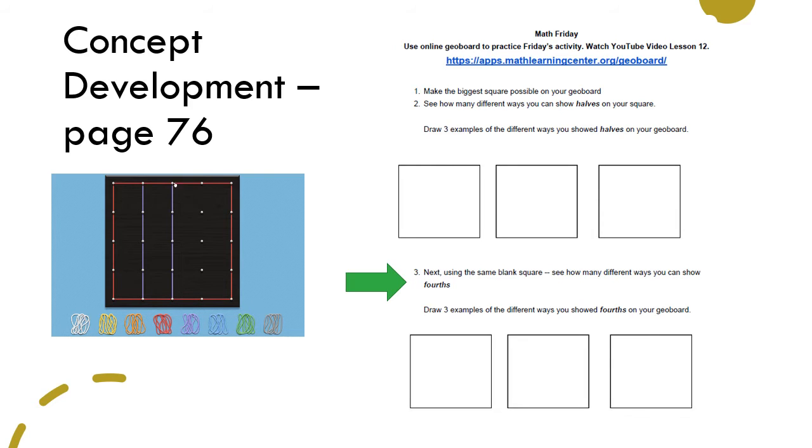What could be another way? I'm going to try and use horizontal lines this time. Now I have fourths. 1, 2, 3, 4.